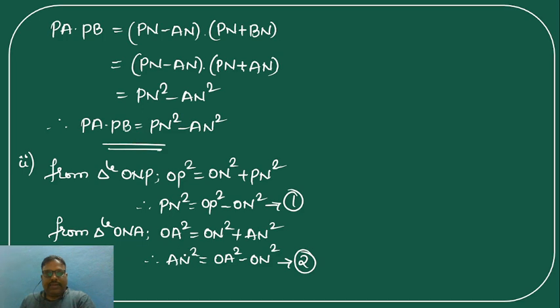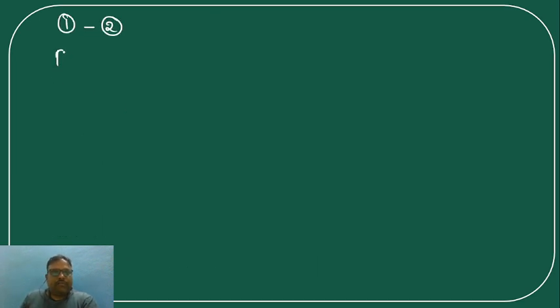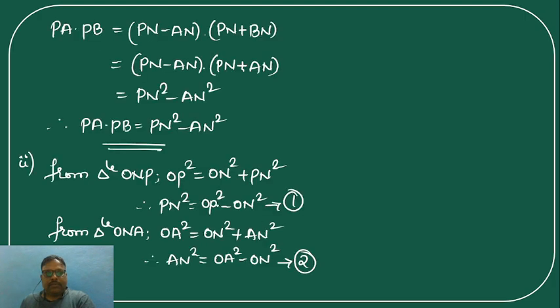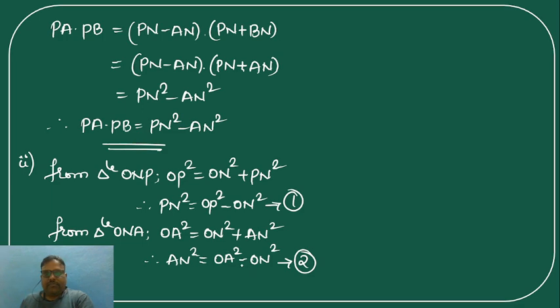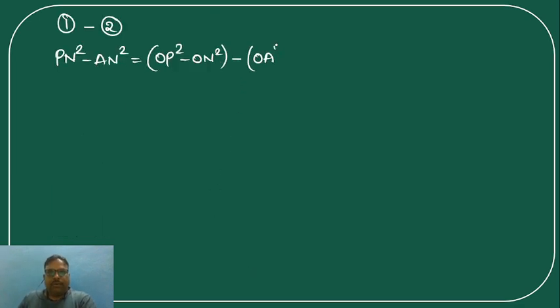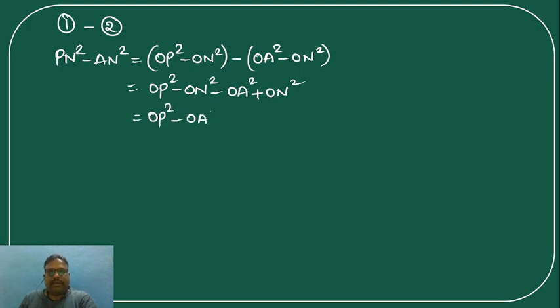So PN square minus AN square is equal to OP square minus ON square, minus the RHS of the second equation, OA square minus ON square. When you open the brackets, this becomes OP square minus ON square minus OA square plus ON square. This is OP square minus OA square, right?